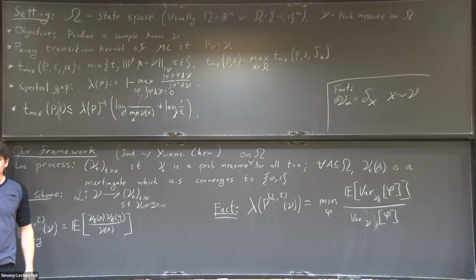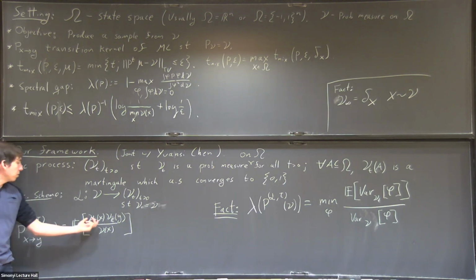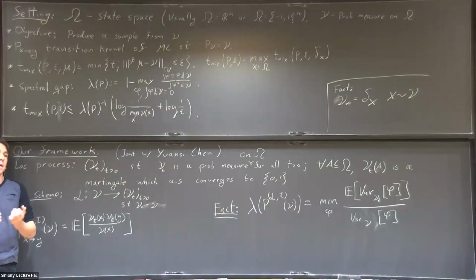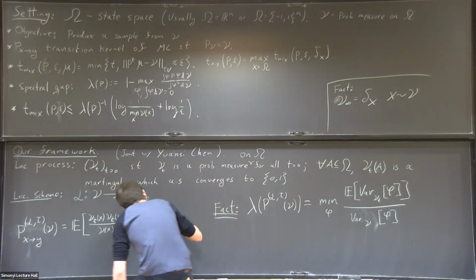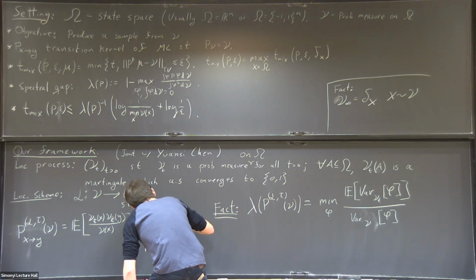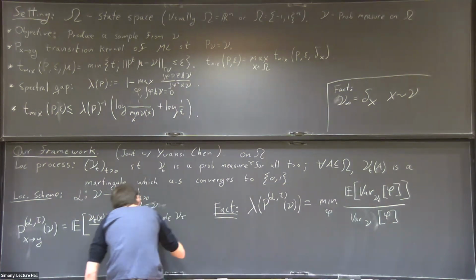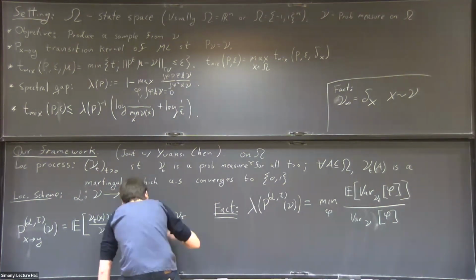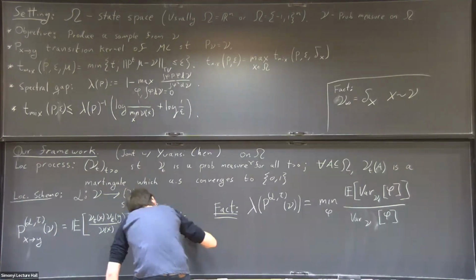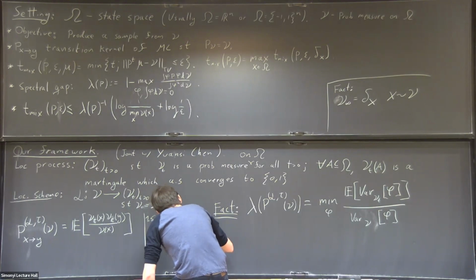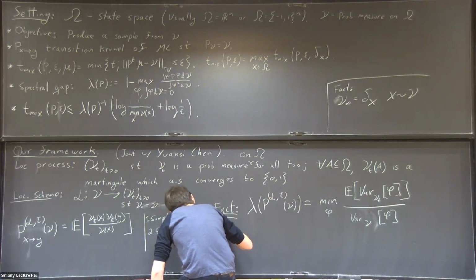An equivalent way to think about this is the following. You can first sample nu sub t, then sample 2 independent points, X and Y, from nu sub t.